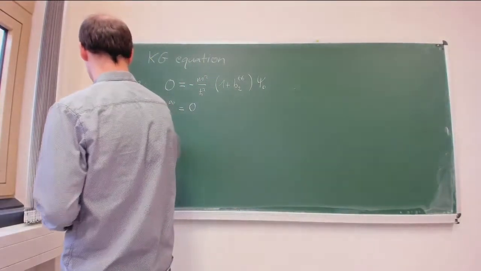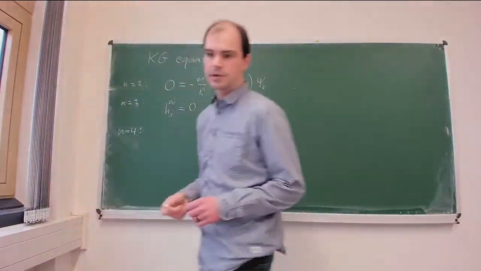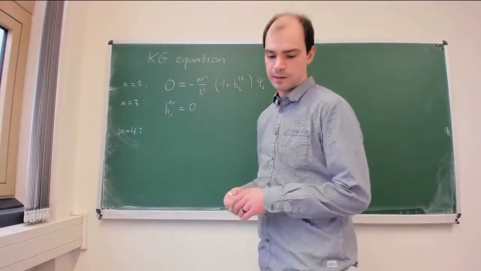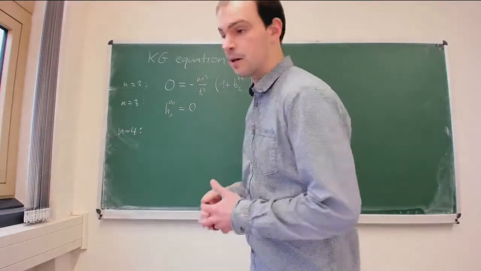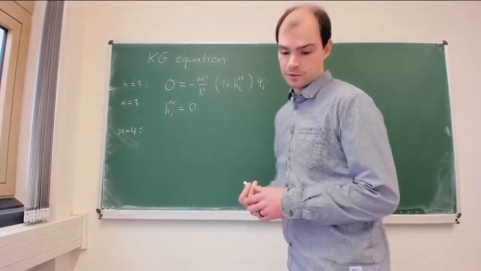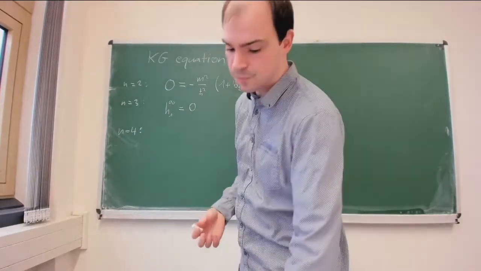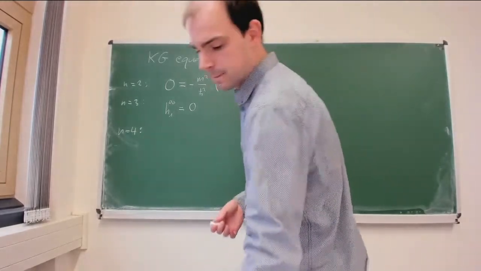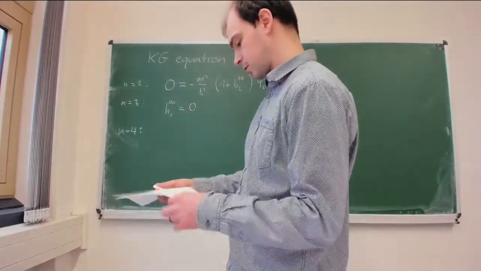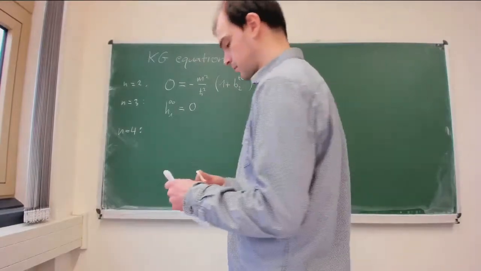And now at order n equals 4, for the first time we actually get something that gives us an equation for our field psi. And this is again the Schrödinger equation, but it's the Schrödinger equation with additional terms.